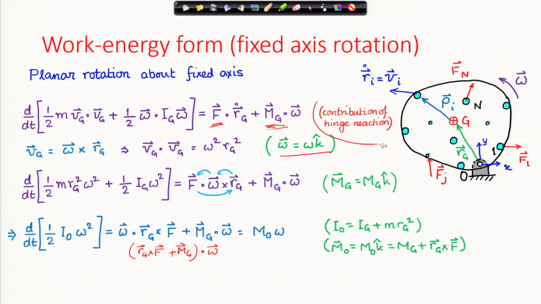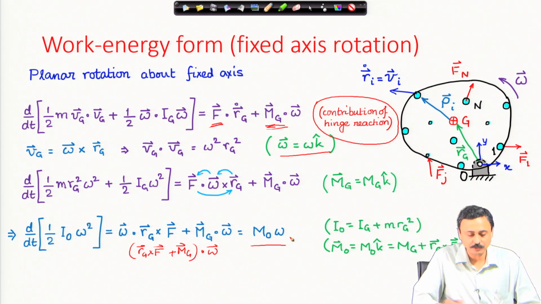But when I finally do this about the hinge, I get M O, the net moment about the hinge, times omega, and here the hinge reaction forces will not contribute. Therefore, it is very easy for a fixed axis rotation problem. It is always good to apply it at the hinge.